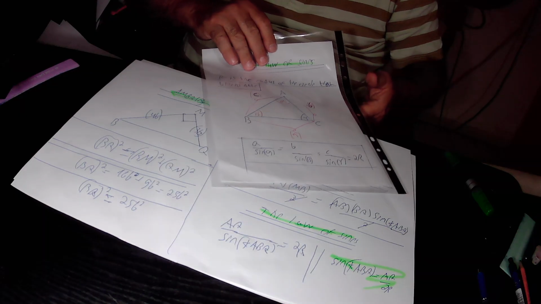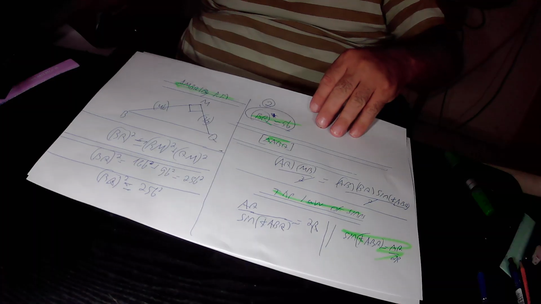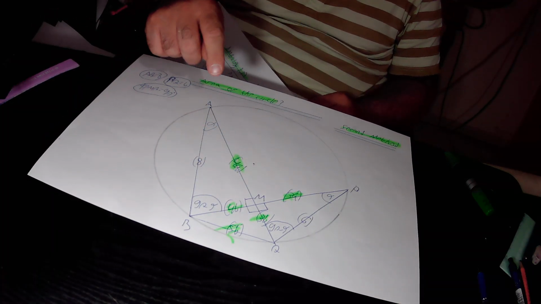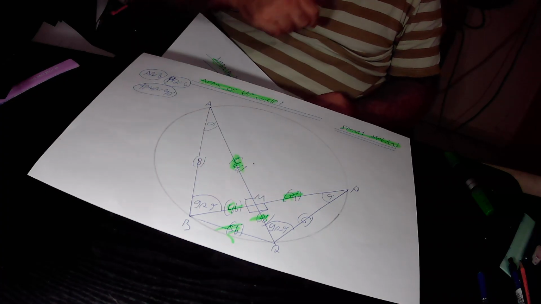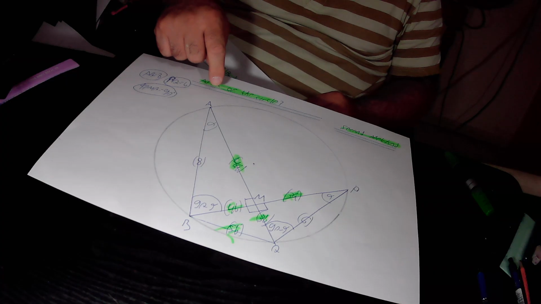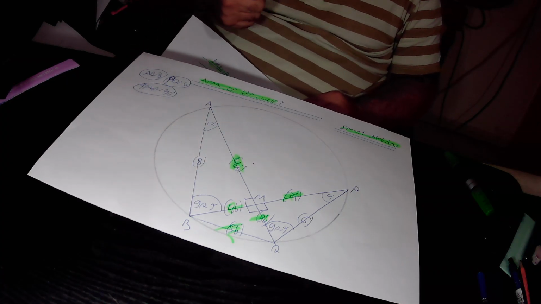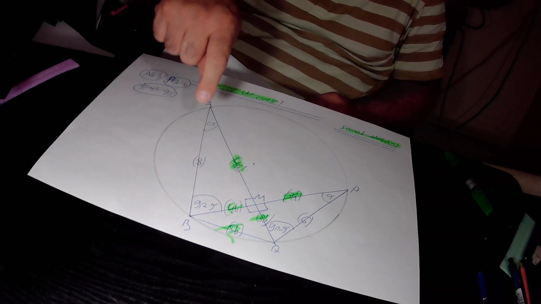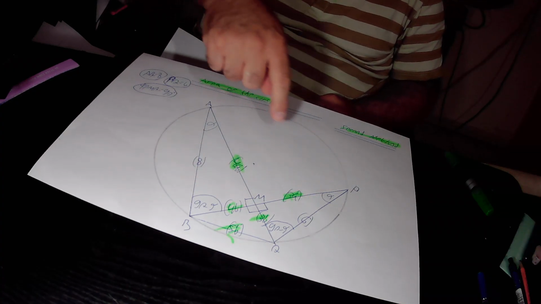We can implement the law of sines in our drawing. Why? Because in our drawing we have triangle ABQ, and triangle ABQ is inscribed in this circle. The law of sines is true in any triangle, therefore it must also be true in triangle ABQ. According to the law of sines, AQ over sine angle ABQ equals 2R, and 2R is the diameter of this circle that circumscribes triangle ABQ.